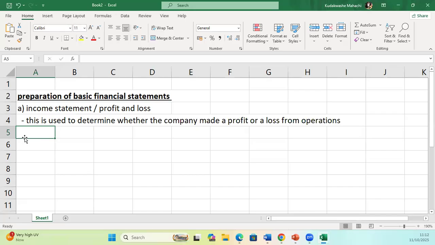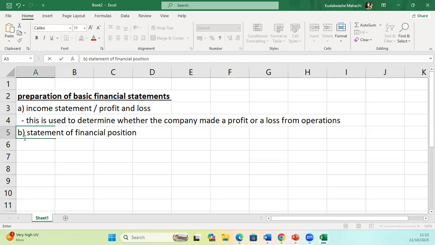Then besides the income statement, we have the statement of financial position, also known as the balance sheet.